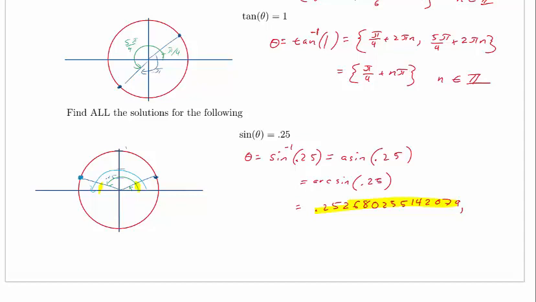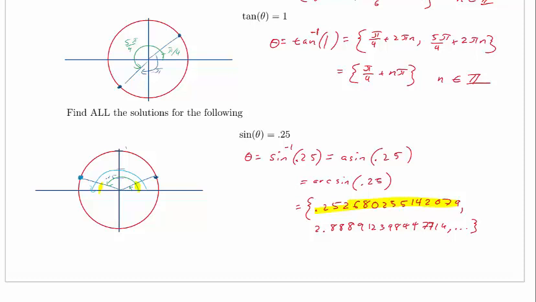When you do that, you're going to end up with 2.8891... Right, and those are the two values inside one revolution.